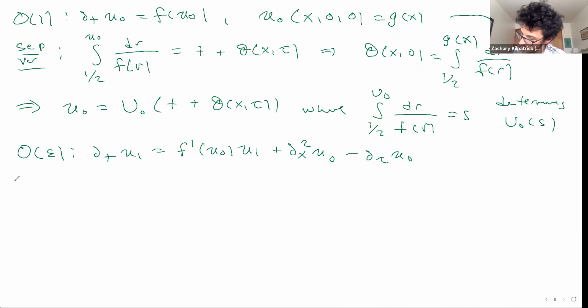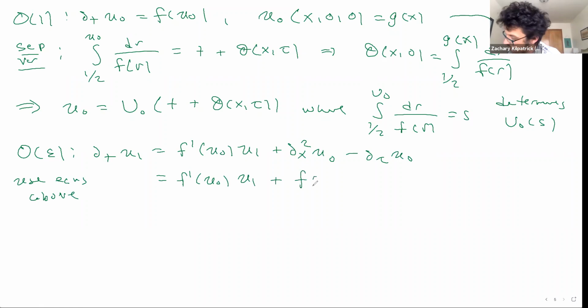And we can use the equations above to manipulate this right-hand side a bit. So we have f prime of u0 u1, plus f of u0 times theta xx minus theta tau, plus f prime of u0 theta x squared.